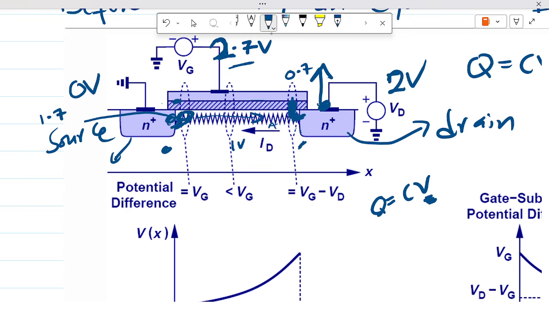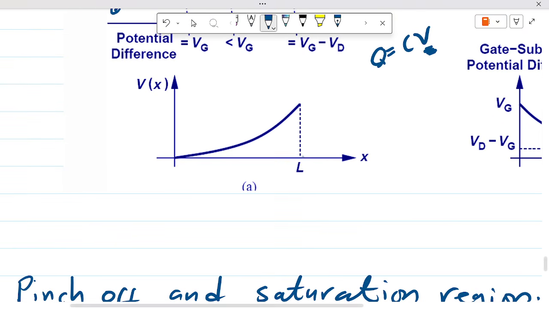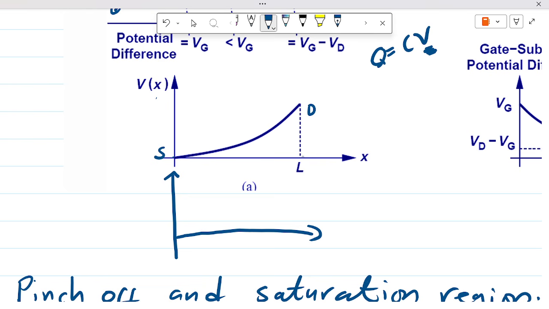Remember the charge equation, which says Q is equal to CV. So the V at this point is 2.7, but the V at this point is 0.7. So I expect to have more charges compared to this side. Plotting a graph of charges, as the potential increases, here at the source I have a potential of 0, and at the drain I have a potential equal to VD.